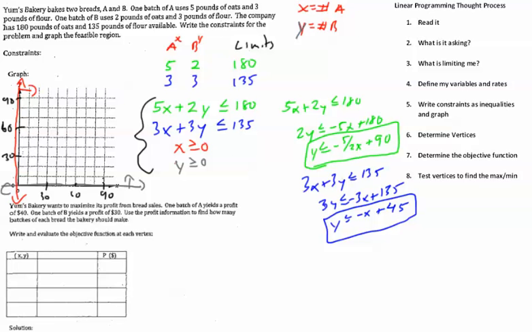My oats y-intercept is going to be at 90, and I'm going to go down 5 and over 2, or I can simplify that and say it's negative 2 halves, so I go down 1, 2 and a half, and over 1, and over 2, over 1 as well. Let me make sure, 1, 2, 3, 4, 5, 1, 2, alright, I'm good.